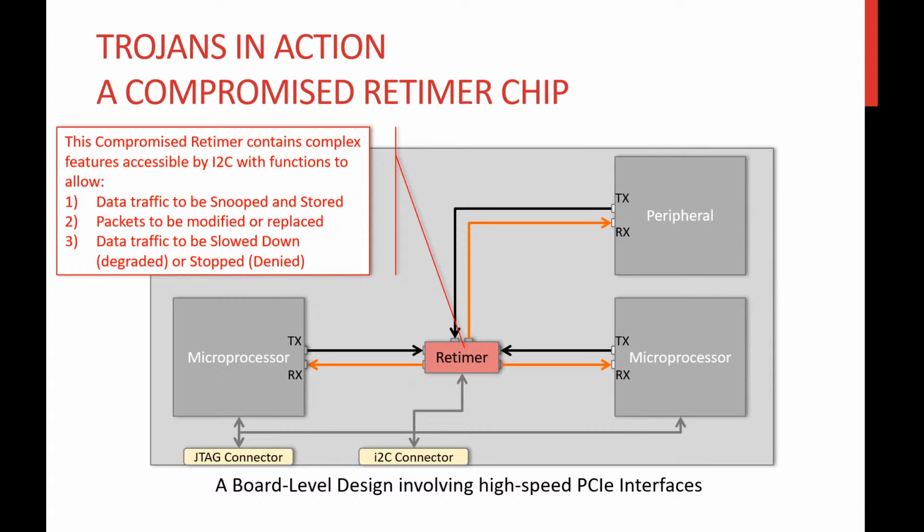And three, the ability to manipulate the data rate by allowing the retimer to assert its bit error rate signal to indicate corrupted data, even if the data is pristine and not corrupt. This puts the attached TX in the mode to retransmit the identified packet continually until the BER signal is deasserted.